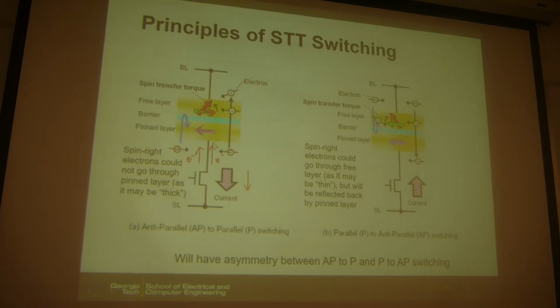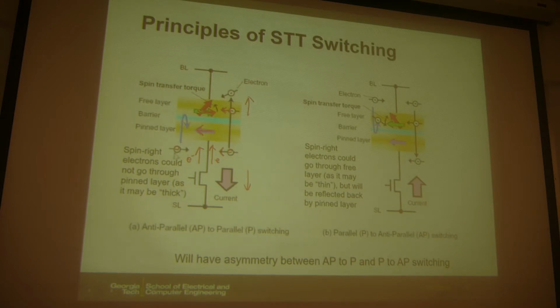And the spin-to-the-left electrons, when they reach this free layer, will pass through this free layer, because the free layer is pointing to the left, so they have the same polarization as this incoming electron.